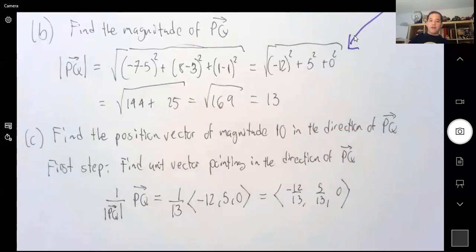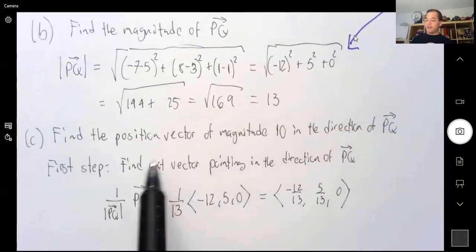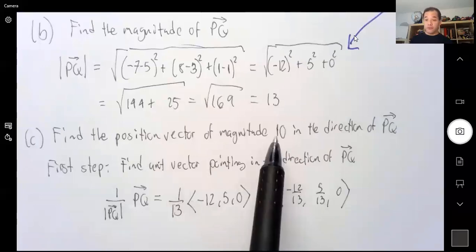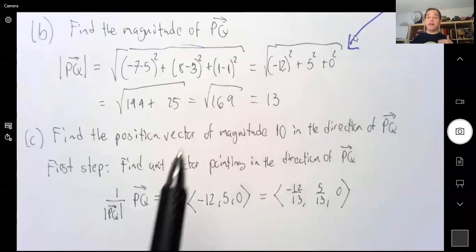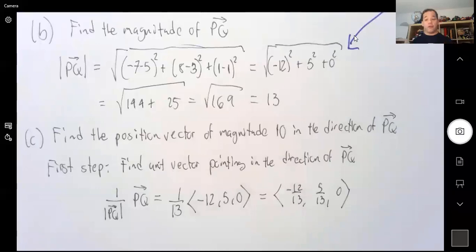And now, okay, so that's not what the question asks. The question asks, what is the position vector of magnitude 10? So to make it now magnitude 10, or any other number for that matter, the only thing you need to do is to multiply this unit vector by, in this case, 10. But say we wanted it to be 23, then we just multiply by 23. As easy as that, right?